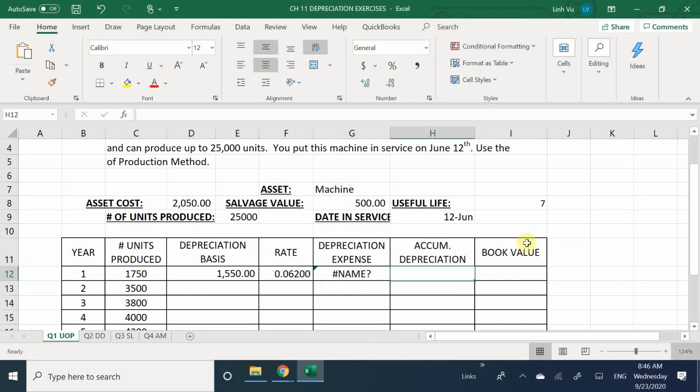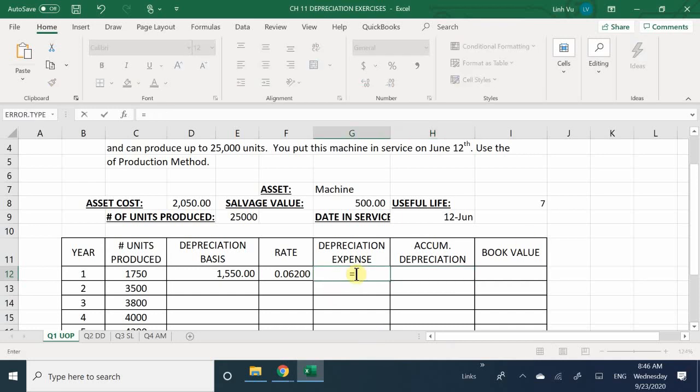All right, so what is my depreciation expense going to be? Number of units times the rate. So what's my number of units? 1750. And I'm multiplying it by the rate. $108.50.